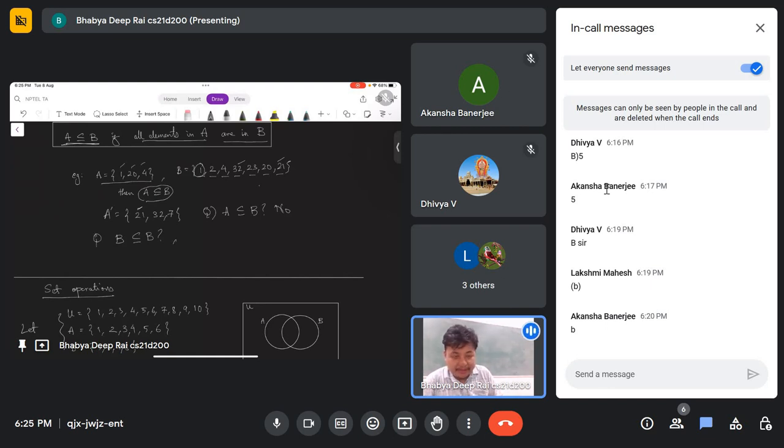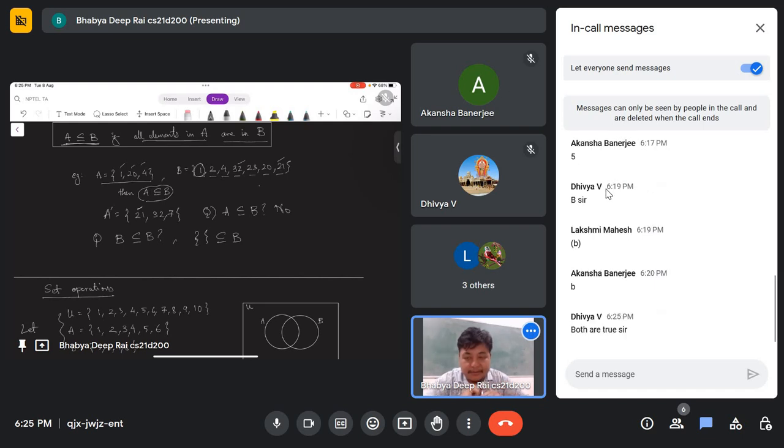Is the set B contained in B, and is the empty set contained in B? This empty set can also be represented by phi, whatever you call it. So is the empty set contained in B? Another question. So Divya says both are true.